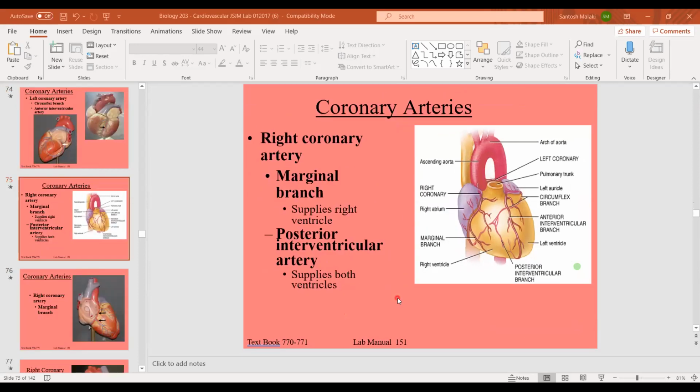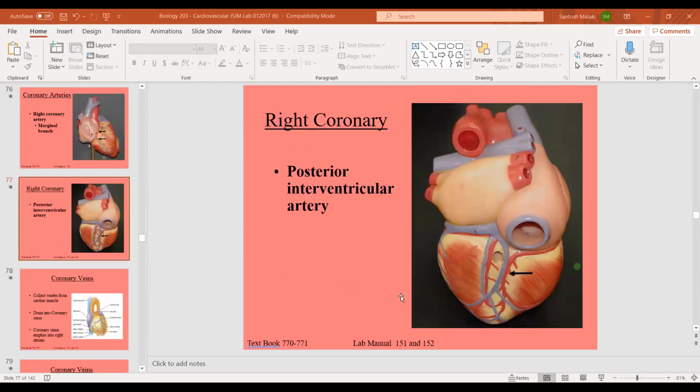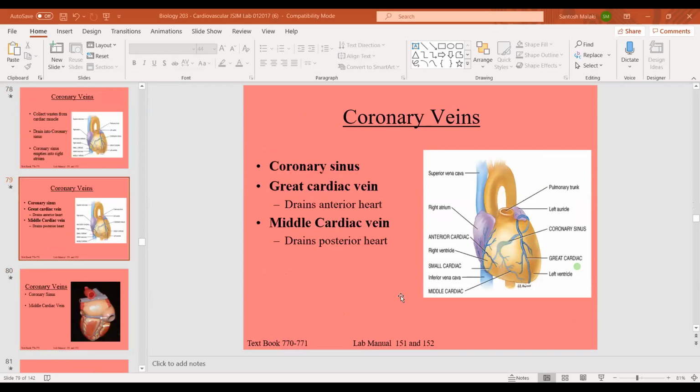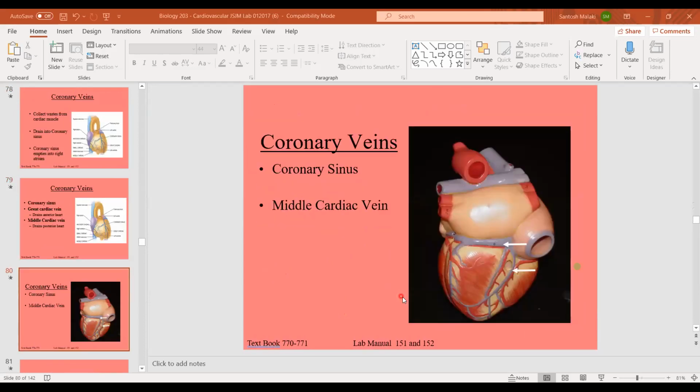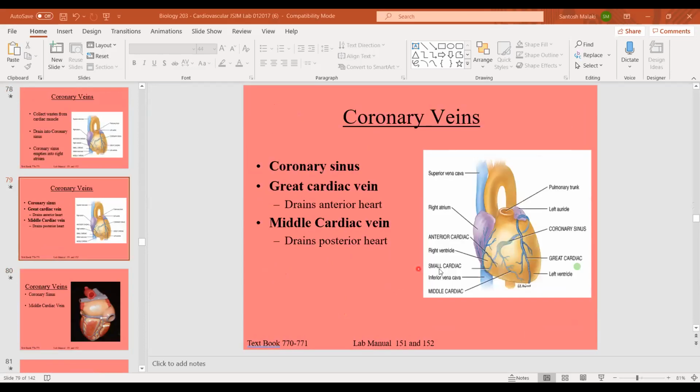It lies next to the anterior interventricular artery. So the great cardiac vein lies in front. So this is your great cardiac vein. It drains to the vessel here known as the coronary sinus. The coronary sinus kind of runs around the base of the heart. Remember, this is called the base and this is the apex, it runs at the base.